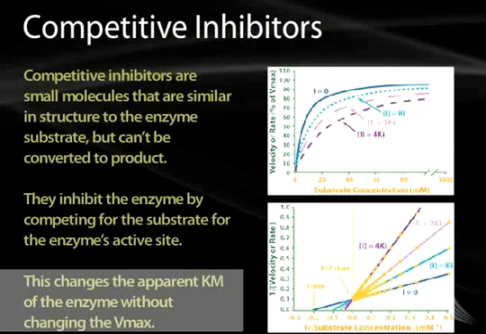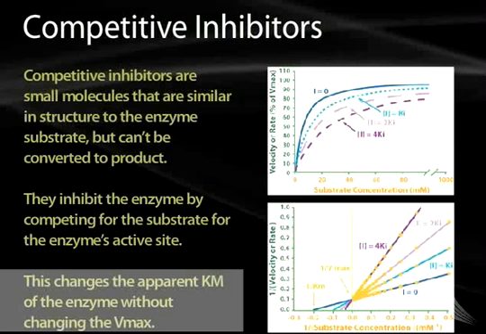Now the Vmax stays exactly the same. The maximal rate that the enzyme can attain is still the same. But the concentration of the substrate that's required to make it half maximal is increased now because you have a small molecule competing with the substrate for the enzyme. And so the apparent Km of the enzyme will go up as you inhibit the enzyme with a competitive inhibitor.